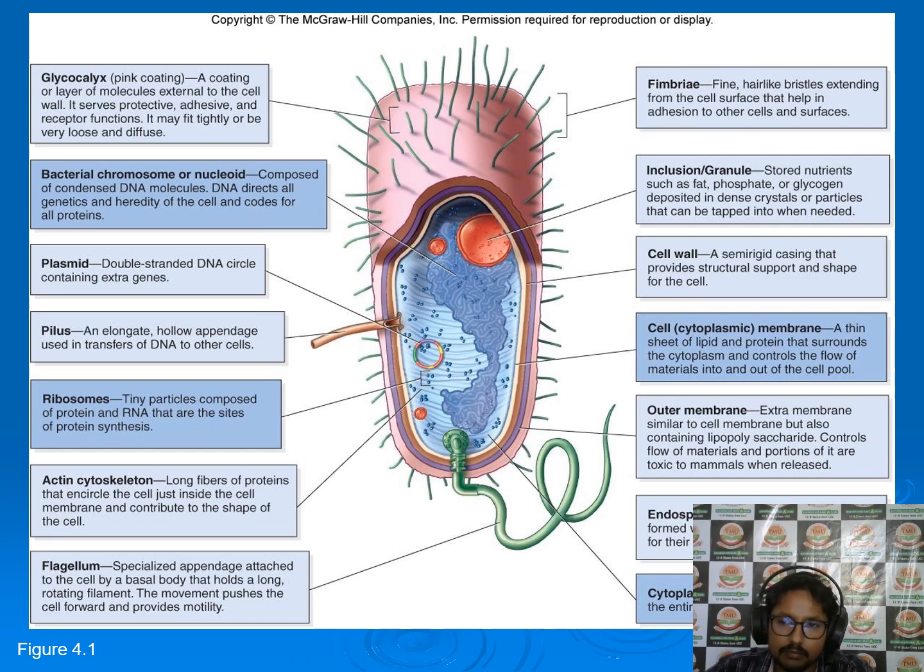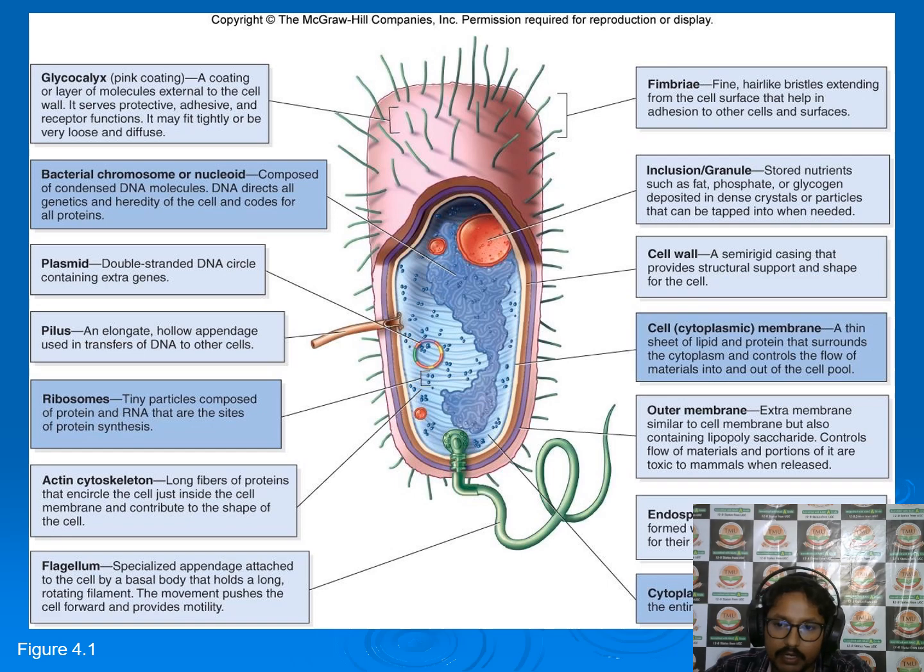Inclusion bodies are structures where nutrients are stored. During favorable conditions, bacteria store these as reserve food materials, which can be utilized during unfavorable conditions. Next is the cell wall. In further slides we will see there are types of cell walls which differ between gram positive and gram negative.